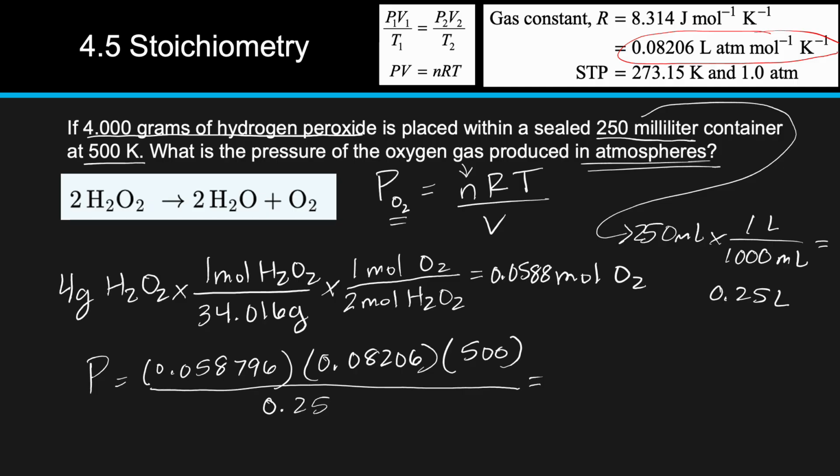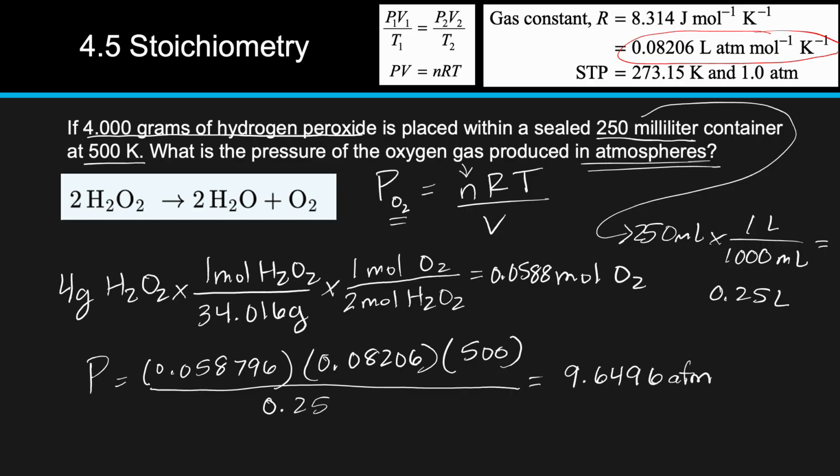So now on my calculator, I do our moles times 0.08206 times 500 divided by 0.25. That is going to give me a pressure of 9.6496 atmospheres.